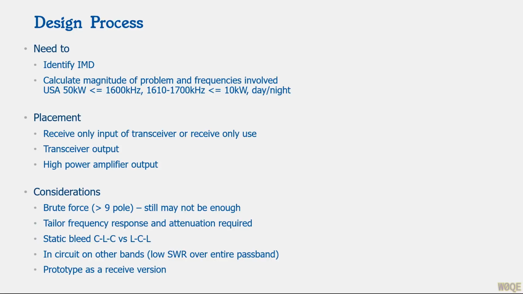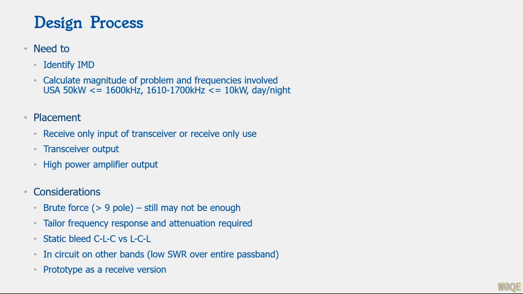Or you can build a filter that's tough enough to take the transceiver full power output. And that can actually be good because then the interference from the AM radio stations cannot cause your transmitter to have intermodulation distortion. That generally doesn't happen unless you really have terrible interference.